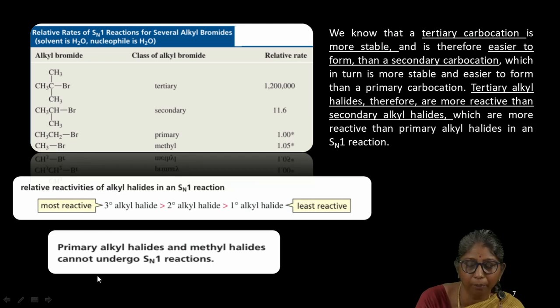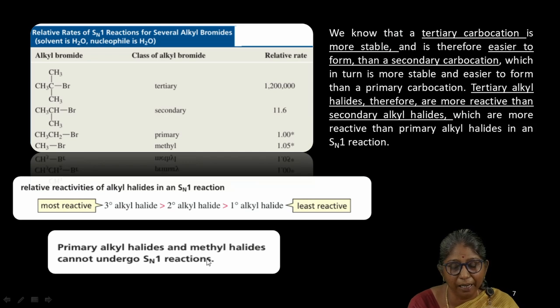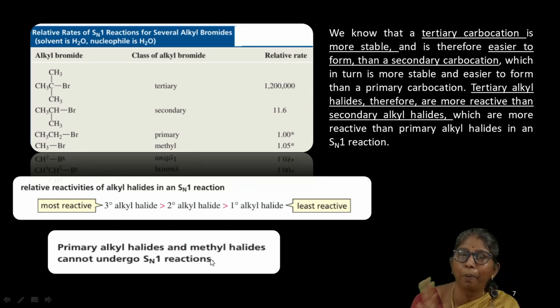That is another important point. So in the SN1 reaction, a tertiary compound will always follow this. Primary alkyl halides and methyl halides cannot undergo the SN1 reaction at all. They will immediately follow the SN2 mechanism only. So in the relative rates, tertiary is more reactive, then comes secondary, and the least reactive is primary alkyl halide.